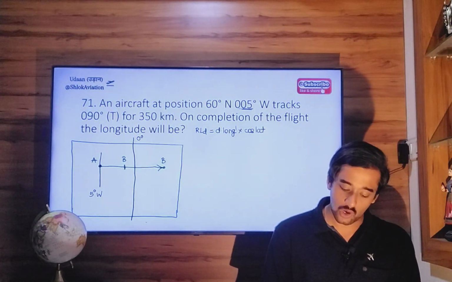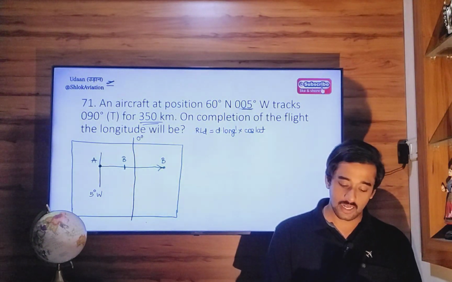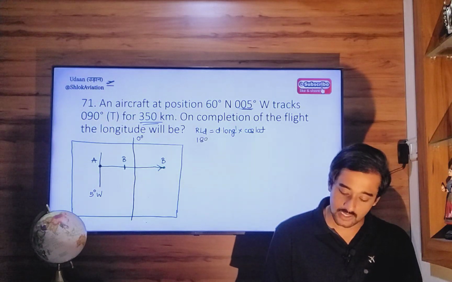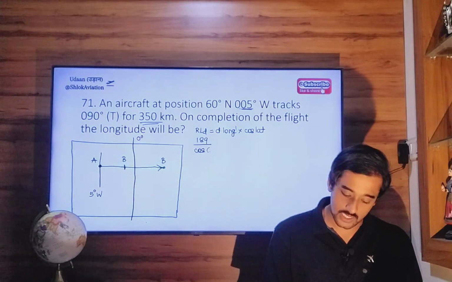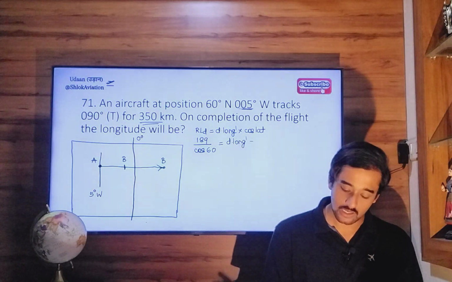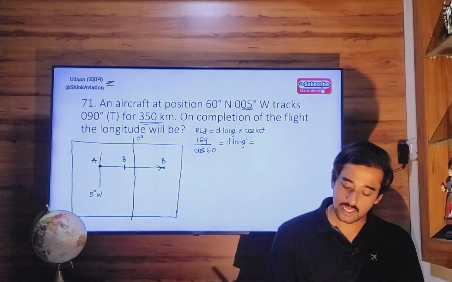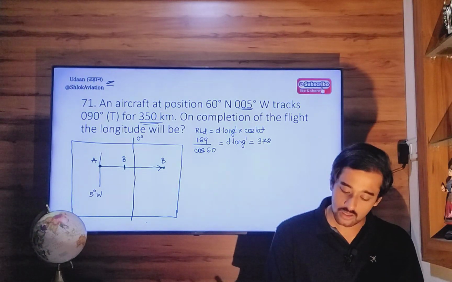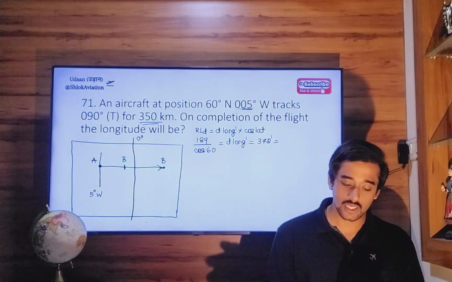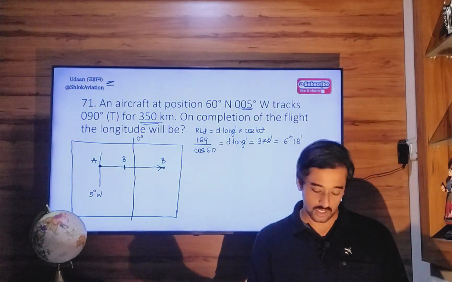So 350 kilometers is nothing but 350 divided by 1.85, 189 nautical miles, divided by cos 60, which is equal to D long in minutes. So 189 divided by cos 60 is 378 minutes. 378 minutes divided by 60 is 6 degrees 18 minutes.